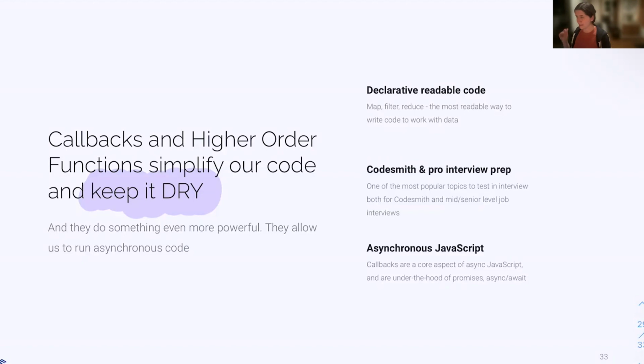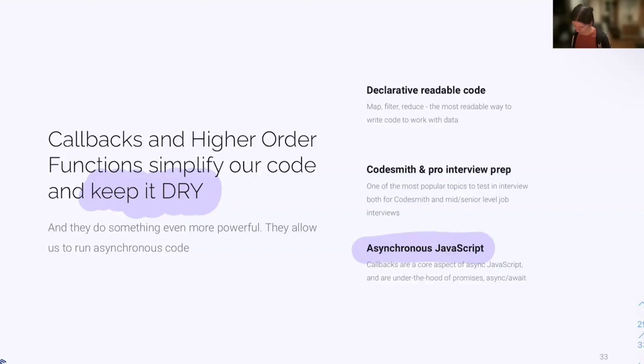Beyond that, asynchronous JavaScript is built on top of this concept. If you haven't gone there yet, that's a great place to go after callbacks, to make that connection to how this is used to defer some functionality to run later.